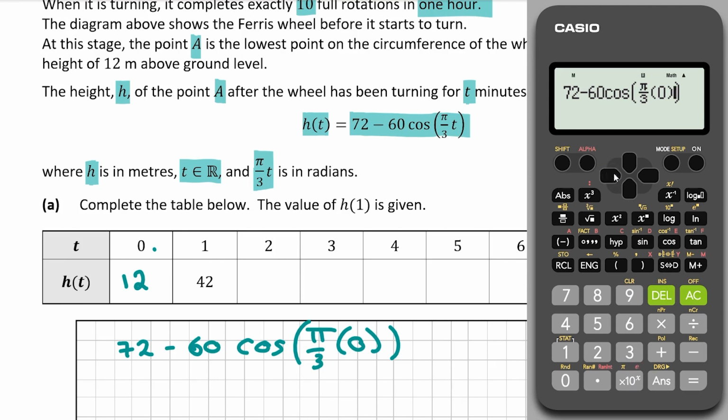So we can go back along here and change that 0 to 2 because number 1 is done for us. And that's 102 meters. And just keep going until you have all the values filled out.